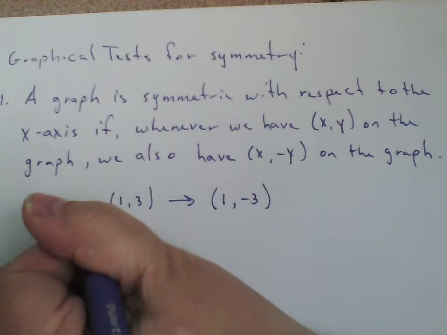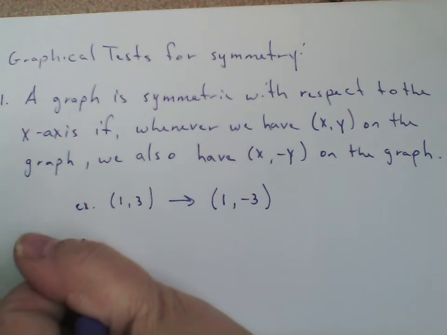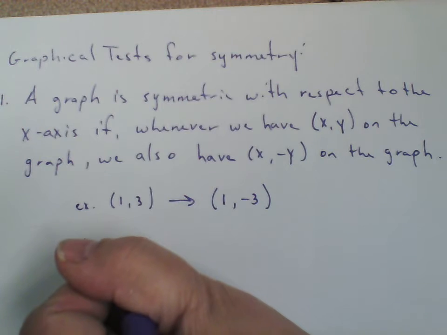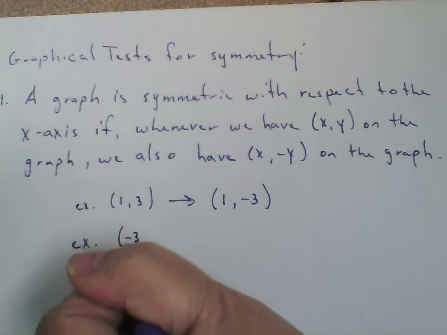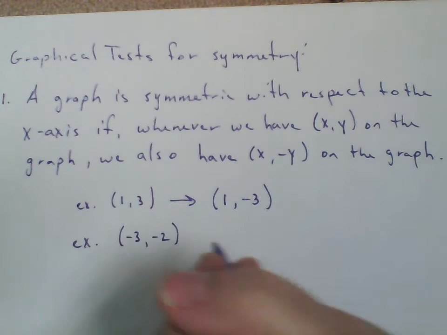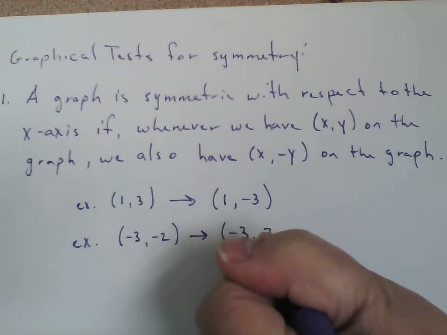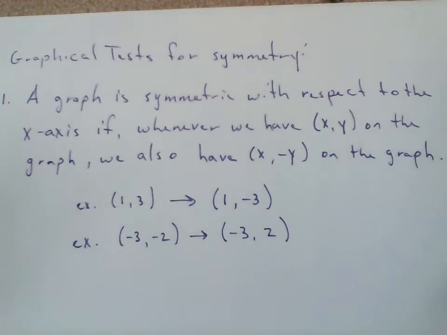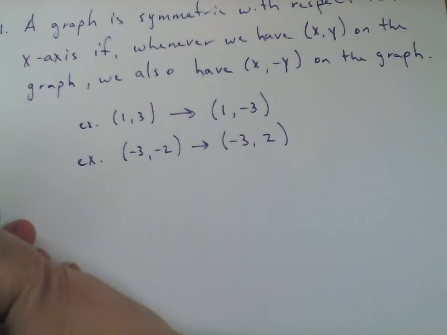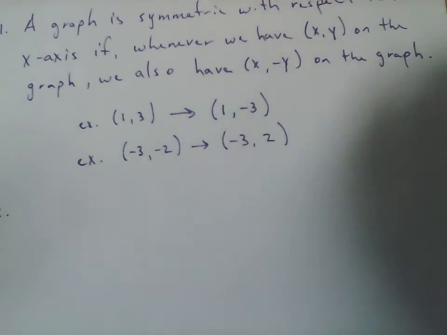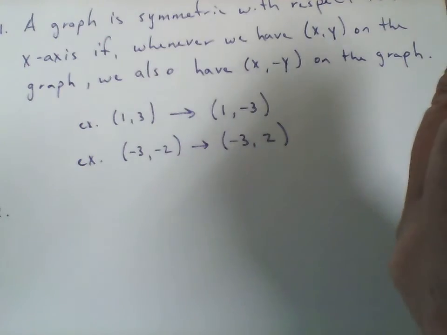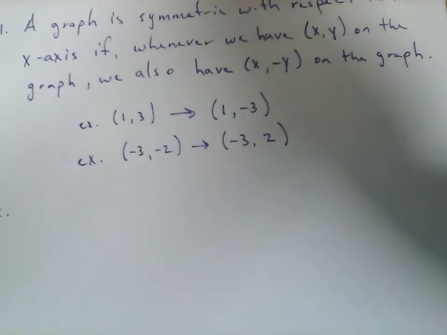If I have a point, say, -3, -2, I also have to have a point -3, +2, right? That y value sign is going to change, right? So that's our rule number 1. That would be how we determine whether something is symmetric about the x-axis.